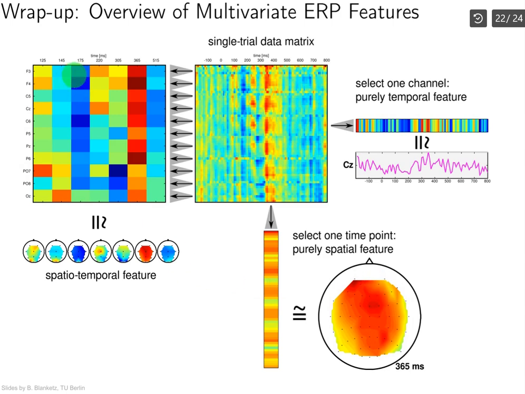And finally, we talked about spatial temporal feature representation, where we have time and then space or channels. Time is usually averaged across a predefined or fixed temporal index or interval. We can also visualize those spatial temporal features using scalp maps.